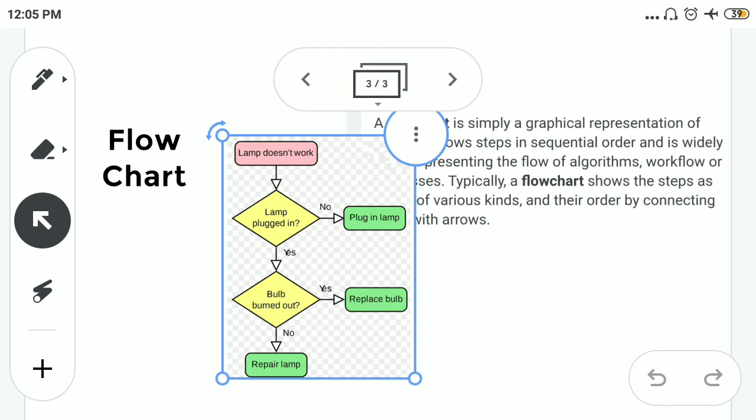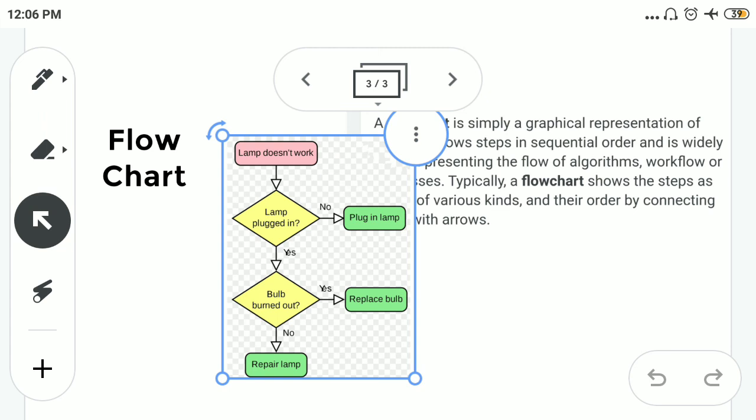If plugged in, then it will check whether the bulb is working or not. If the bulb is fused, then replace the bulb, or else you can repair the circuitry of the lamp. This is a small example of creating a flowchart for a small problem.